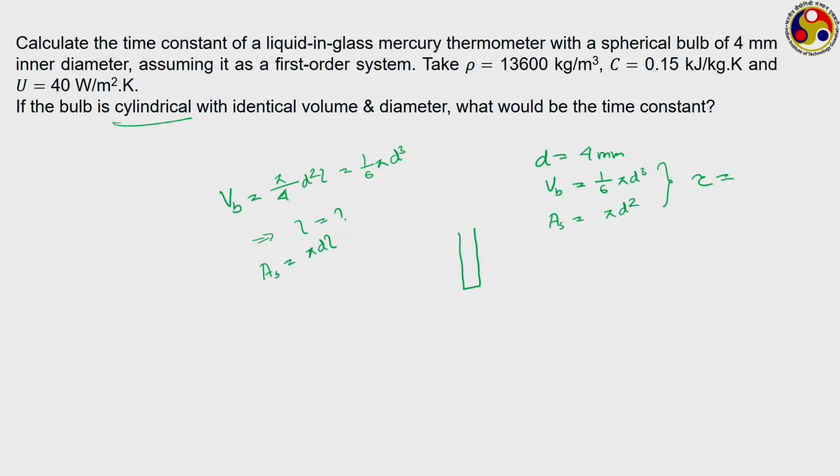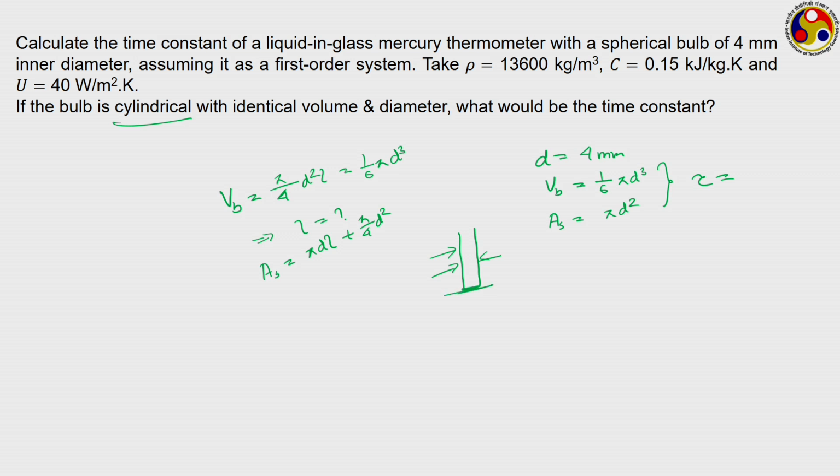Now, there is one question. This is the cylindrical bulb. While calculating the surface area, pi dL definitely gives you the peripheral surface, but what about this particular portion? This lower wall may also be in contact with the system where you are measuring the temperature. Then while calculating the surface area, you have to take the peripheral area plus the area of this lower portion, which is pi by 4 d square.